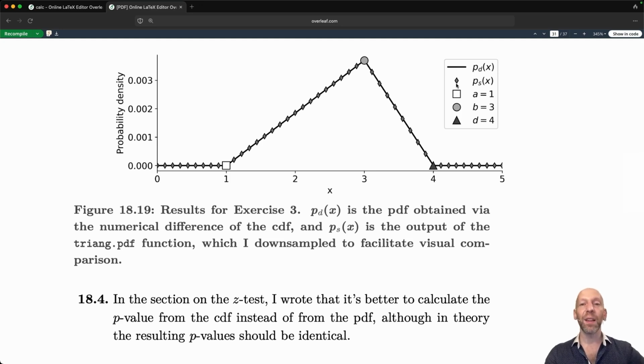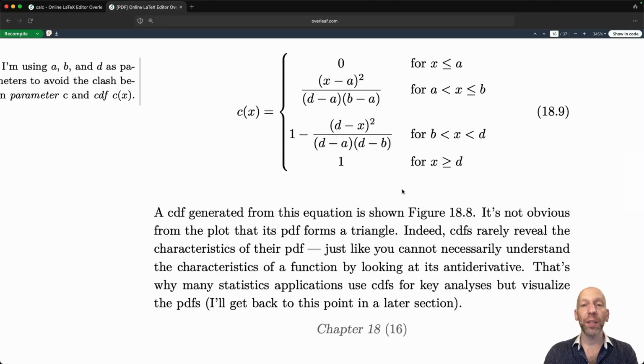And the diamonds here correspond to the PDF from the scipy.stats library. I've downsampled those results here just to make it easier to visualize. I think it's every 20th data point I'm actually drawing. And you can see I'm also drawing some markers here to indicate the locations of the parameters A, B, and D. Here you see equation 9.